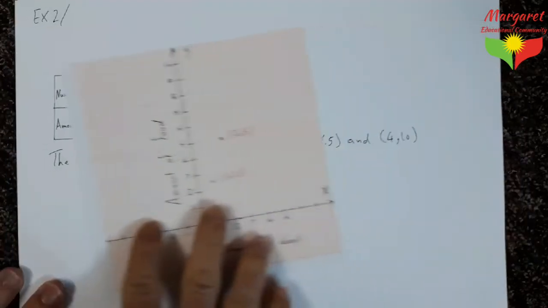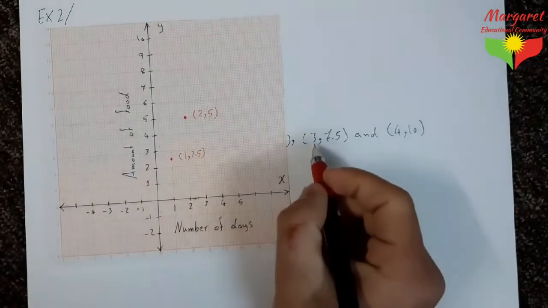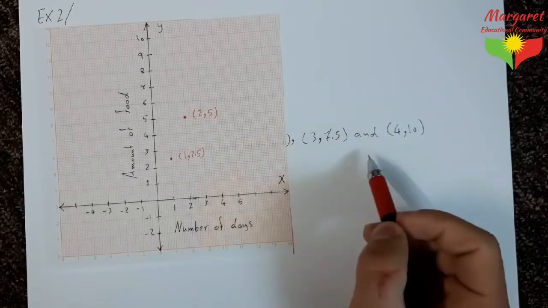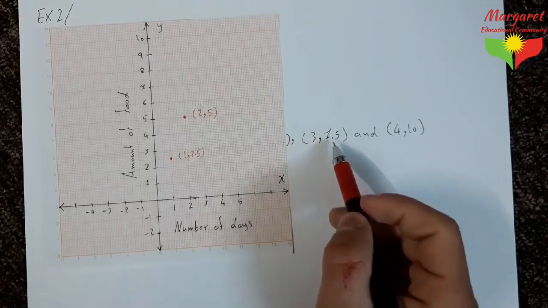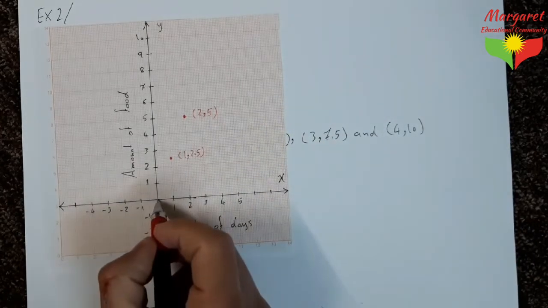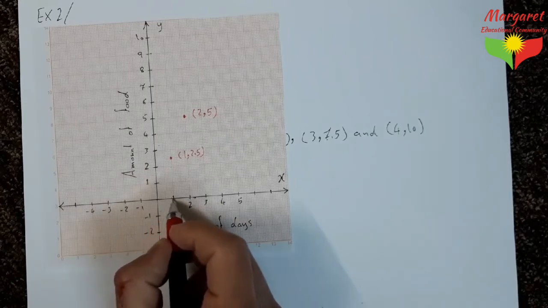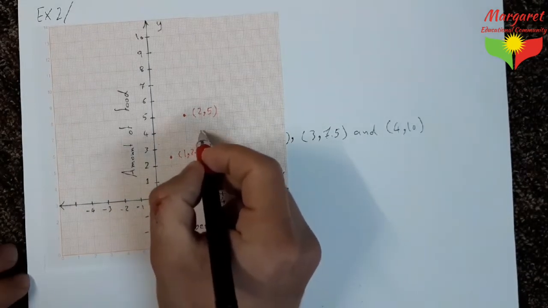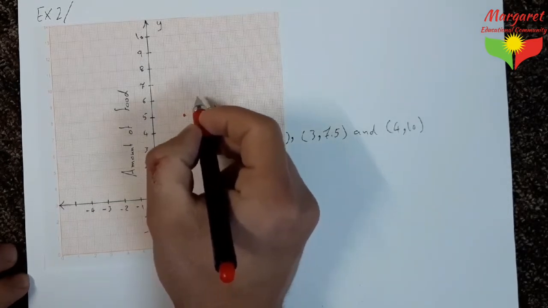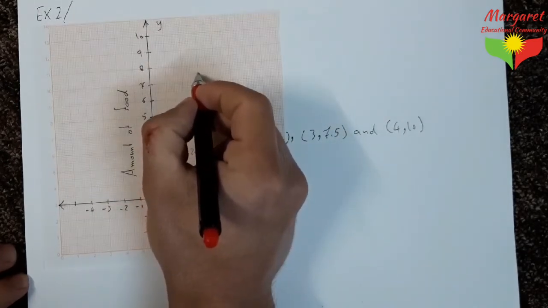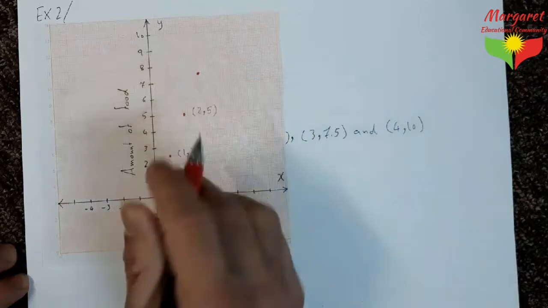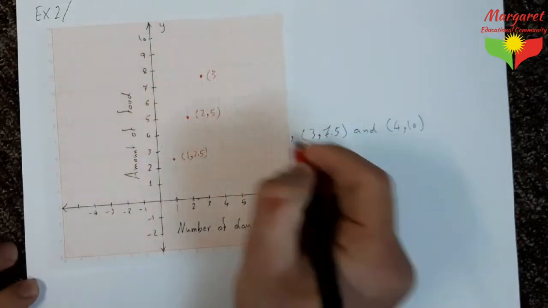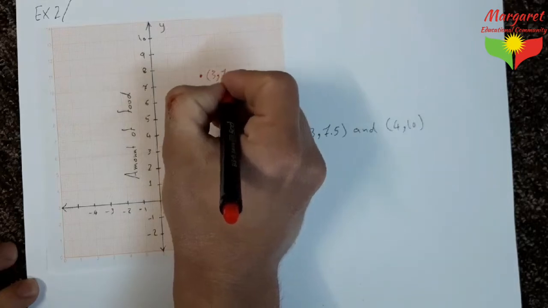And to plot 3, 7.5, move 3 units to the right and 7.5 units up. Start at the origin and 1, 2, 3 and 1, 2, 3, 4, 5, 6, 7 and 7.5. Plot the point 3, 7.5.